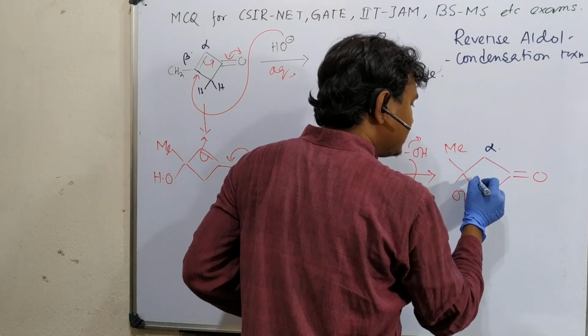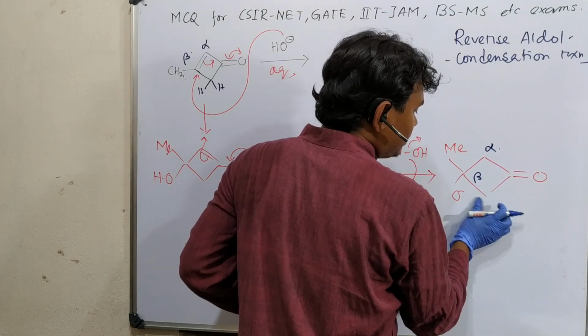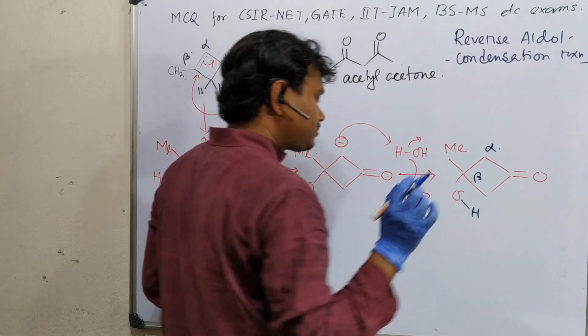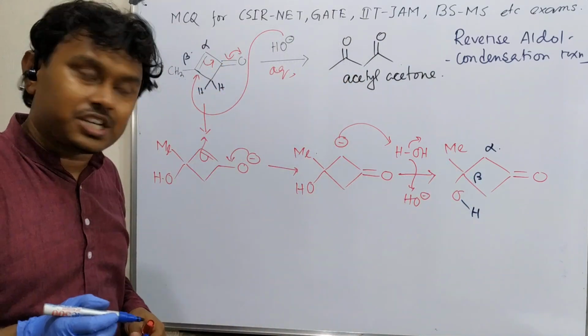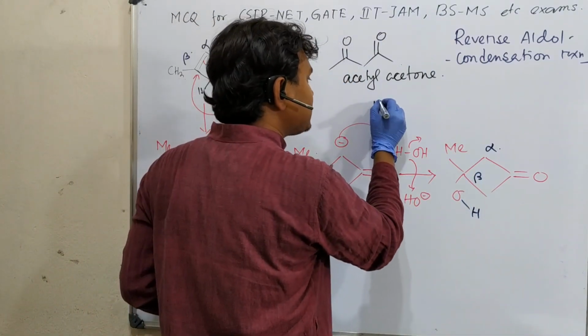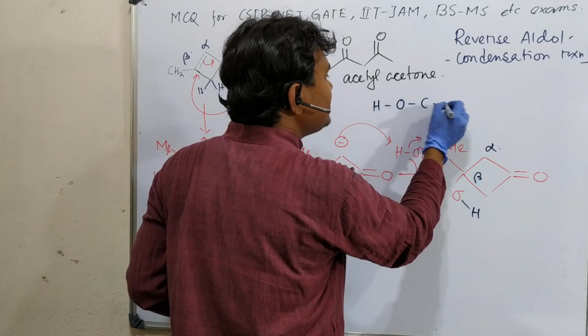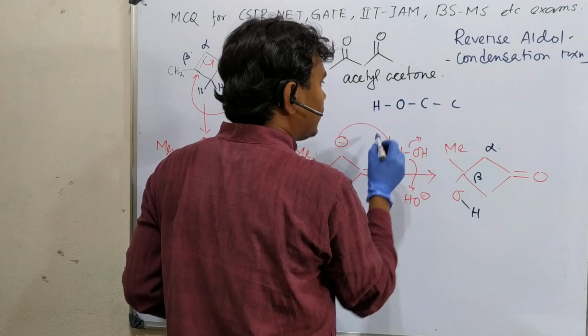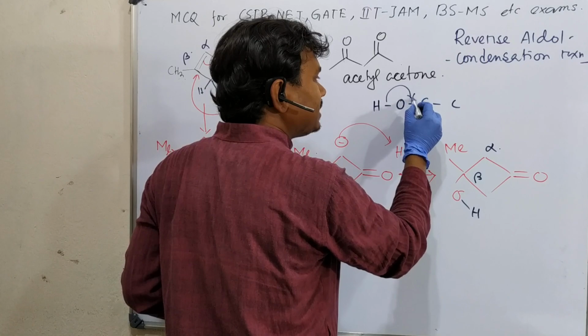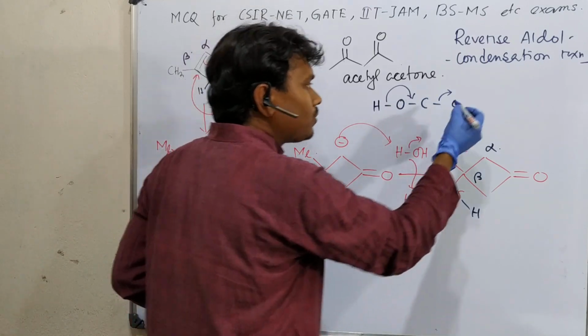This is alpha, this is beta, and we know that there is one famous disconnection approach. Disconnection approach is HOCC, meaning that first of all this bond will come here and it will go. What do I mean?